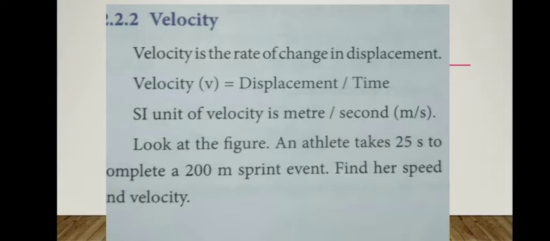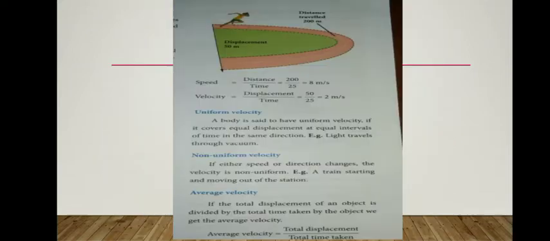Look at the figure on the next page, page number 17. An athlete takes 25 seconds to complete a 200-meter sprint event. Find her speed and velocity. Speed equals distance by time.